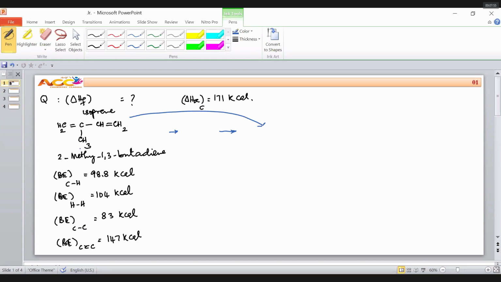We have 1, 2, 3, 4, 5 carbons. What should I write? 5 carbons plus 2 plus 1, 3 plus 3, 6 plus 2, 8, so 4H2 gives you C5H8. This is isoprene. Now, this is the enthalpy of formation of isoprene.